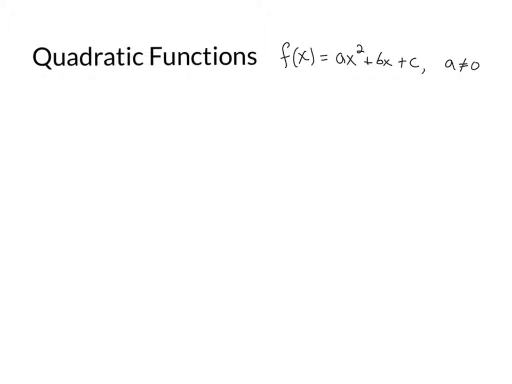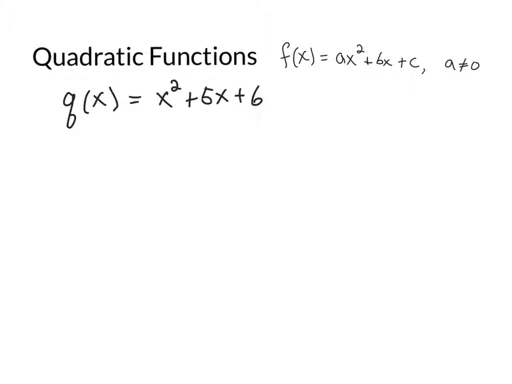Often when I'm dealing with functions, I like to look at a concrete example, and let's do that here. Let's call our function q of x, for quadratic. So my function q of x is going to be x squared plus 5x plus 6.